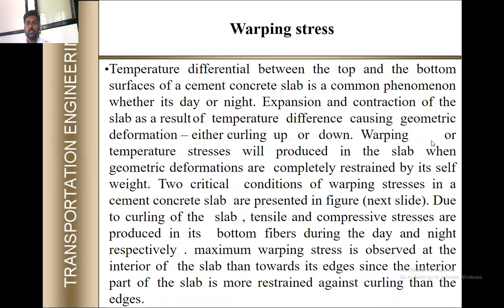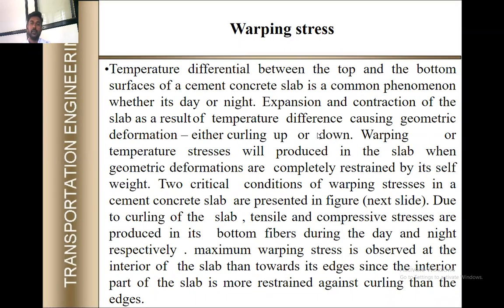What are warping stresses? The temperature difference between the top and the bottom surface of the concrete layer is a common phenomenon, whether it may be day or night. The temperature between the top layer and the bottom layer will have different ranges. The expansion and the contraction of the slab as the result of the temperature difference cause geometric deformations, either curling up or down.